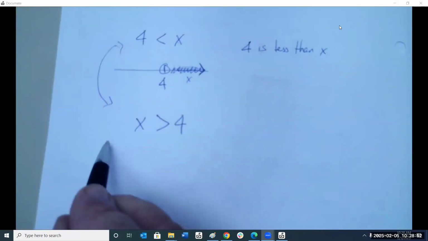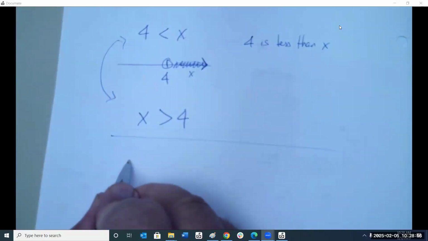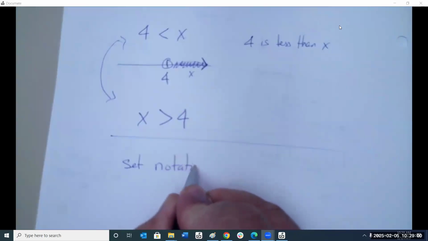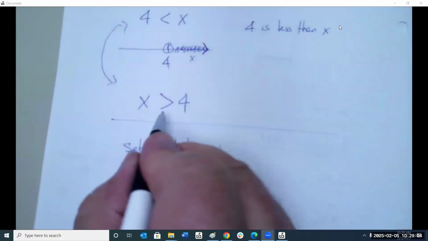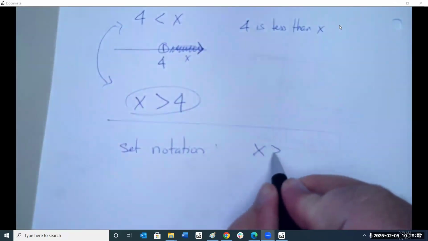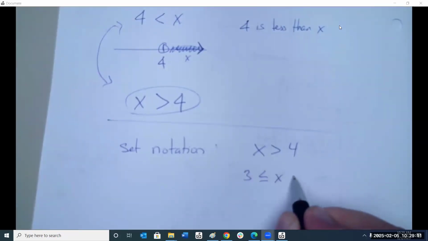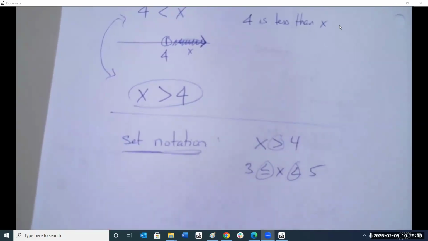Now, we have 3 types of notation that we deal with. We have set notation. Set notation is like X is greater than 4, or 3 is less than or equal to X is less than 5. Whenever you have the inequalities, that's called set notation.